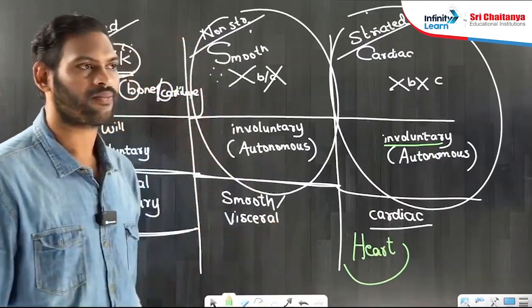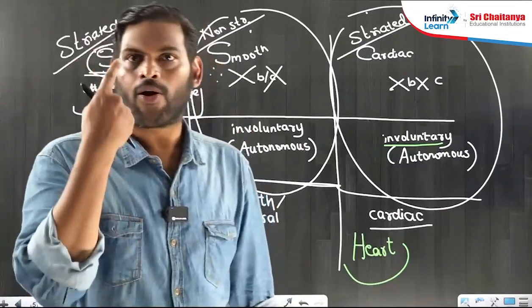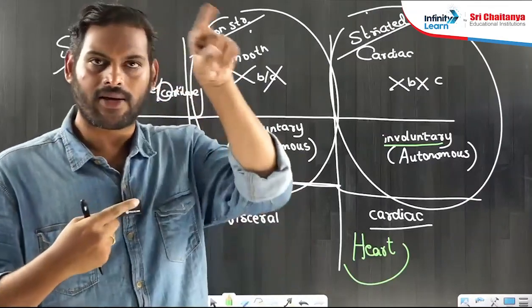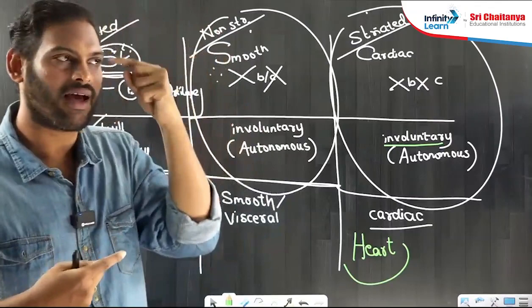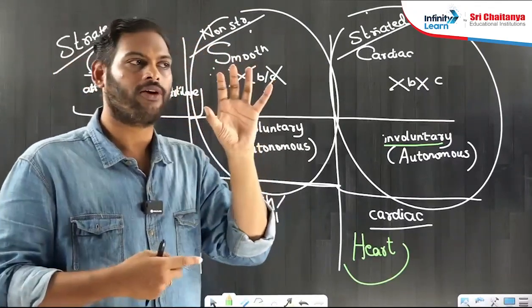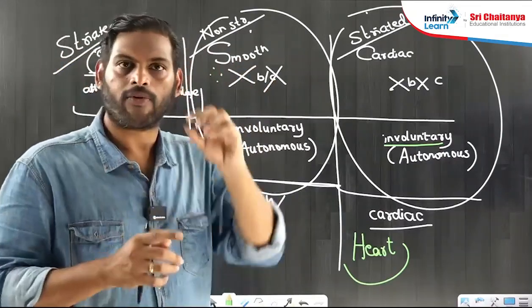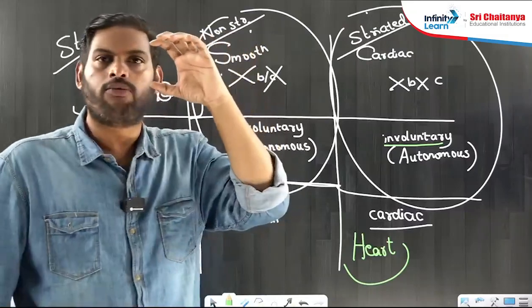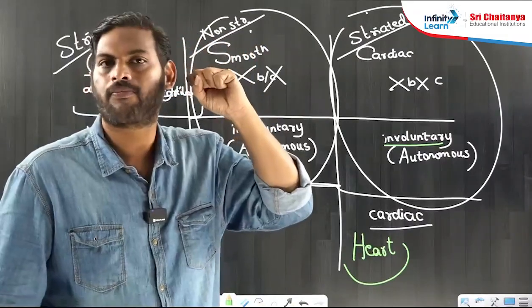smooth muscle. And even your pupil: the eye has a circular structure and has a cornea. Behind the cornea you can see the pupil. If you go in the dark, the pupil dilates. If you come near light, the pupil constricts.